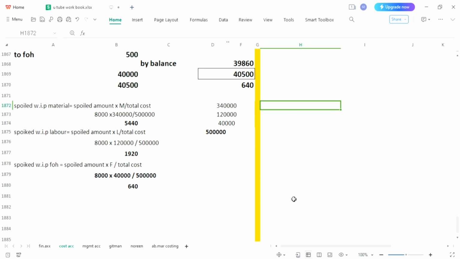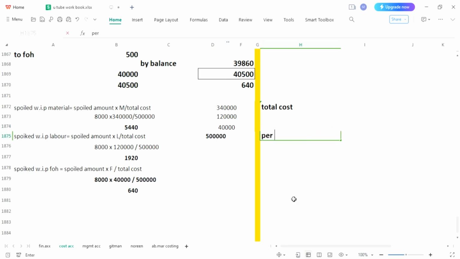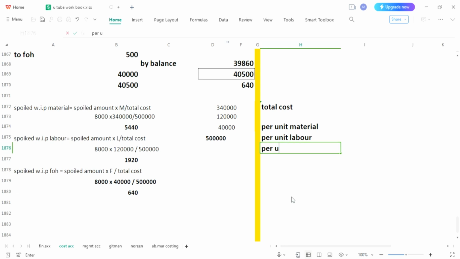So first we will calculate the total cost. For total cost you must have per unit material and then per unit labor and then per unit FH. How would we calculate it?